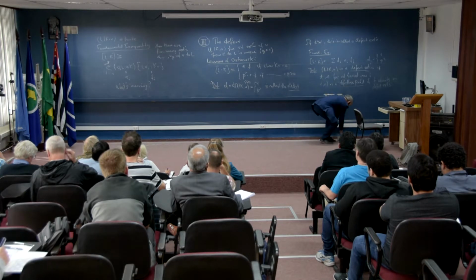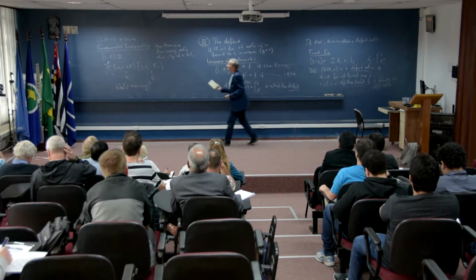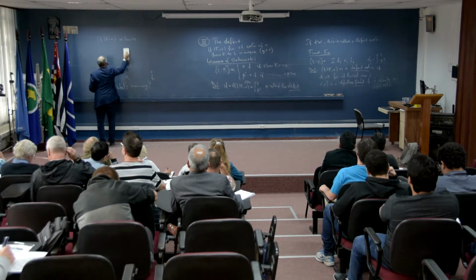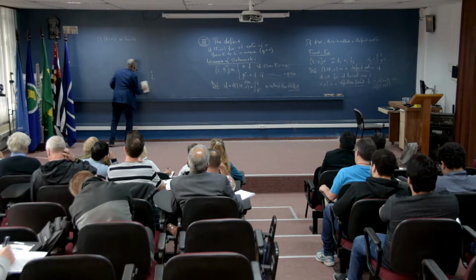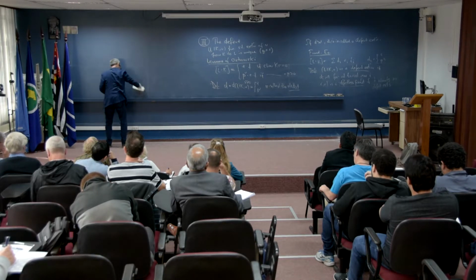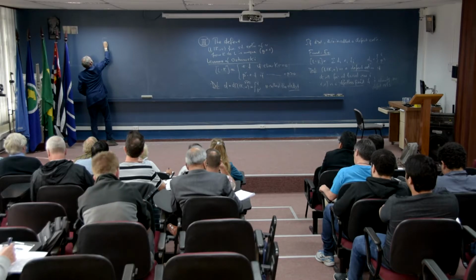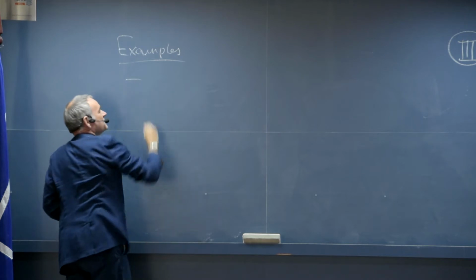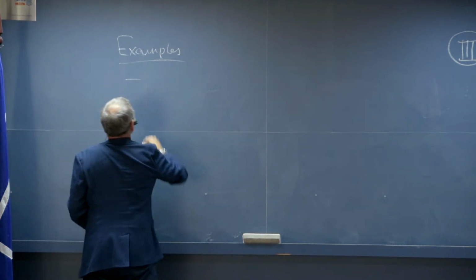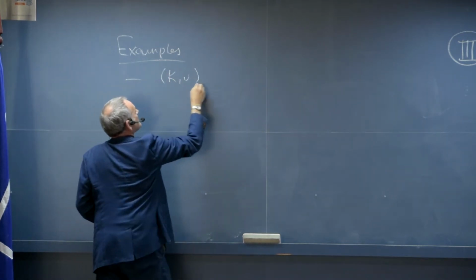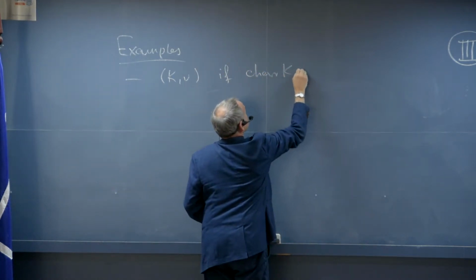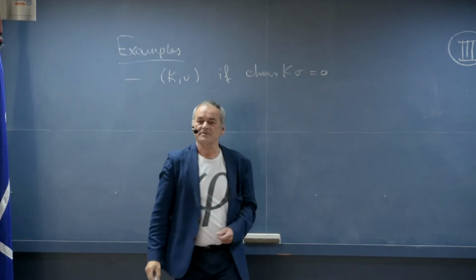Okay, so examples for defectless fields. First of all, by Ostrowski, if a field has residue characteristic 0, then it's always a defectless field.